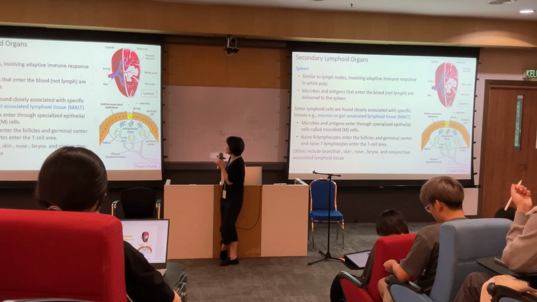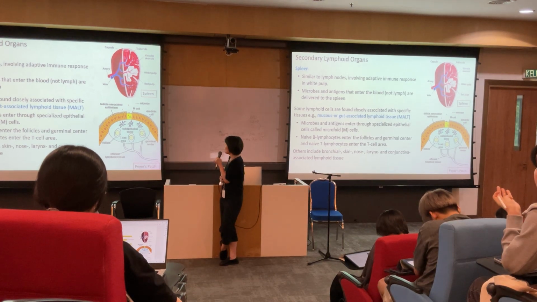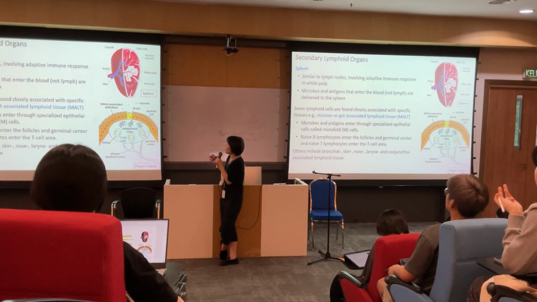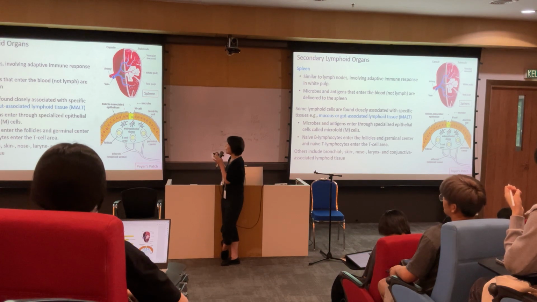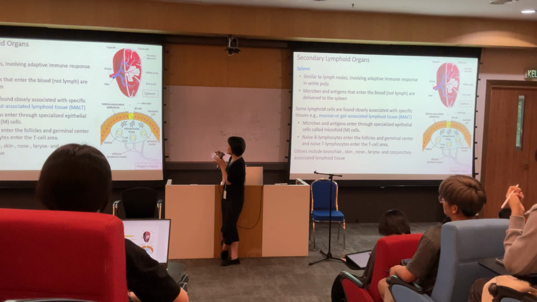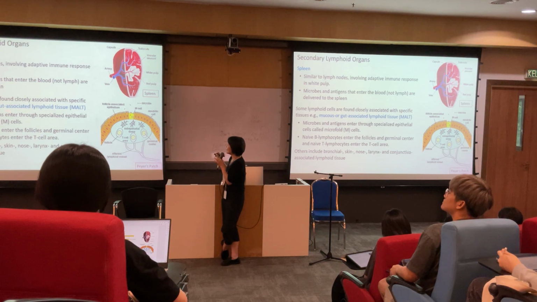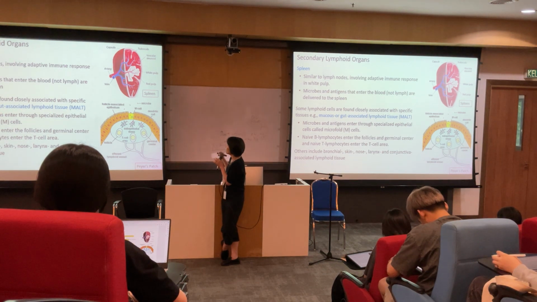So the gut, the respiratory tract, and the urogenital tract are very far from the other secondary lymphoid organs. Therefore, I think evolutionarily, they purposely made another secondary lymphoid organ in those tracts. Those tracts secrete mucus. An example is the intestine, our gut, which also has this so-called mucosa or gut-associated lymphoid tissue, or MALT.